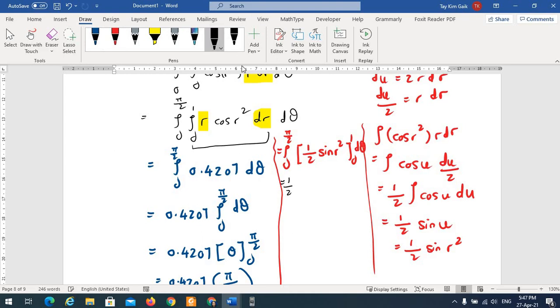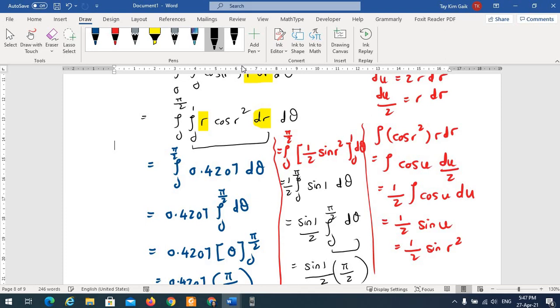Factor out half, integrate 0 to pi over 2. Plug in 1, so you have sin 1. Plug in 0, sin 0 is 0. That's why you have sin 1 d theta. Sin 1 is a constant value, so you have sin 1 divided by 2, integrate 0 to pi over 2 d theta. This part you get pi over 2, so your answer is sin 1 divided by 2 times pi over 2.